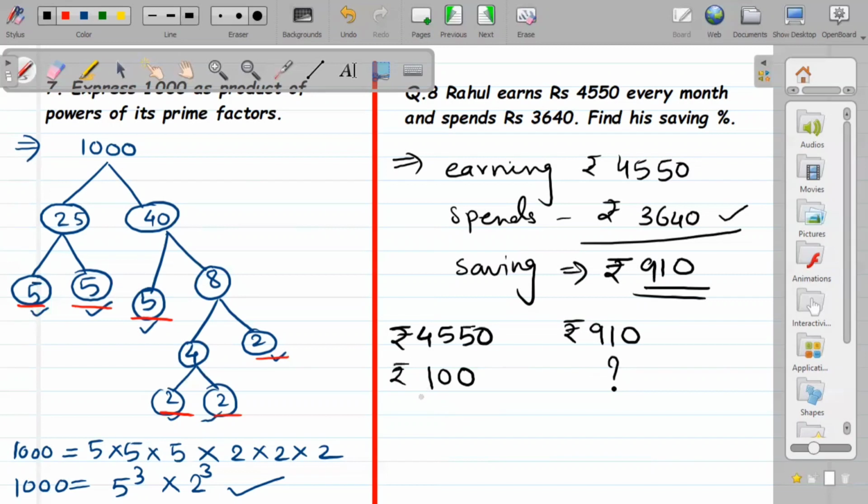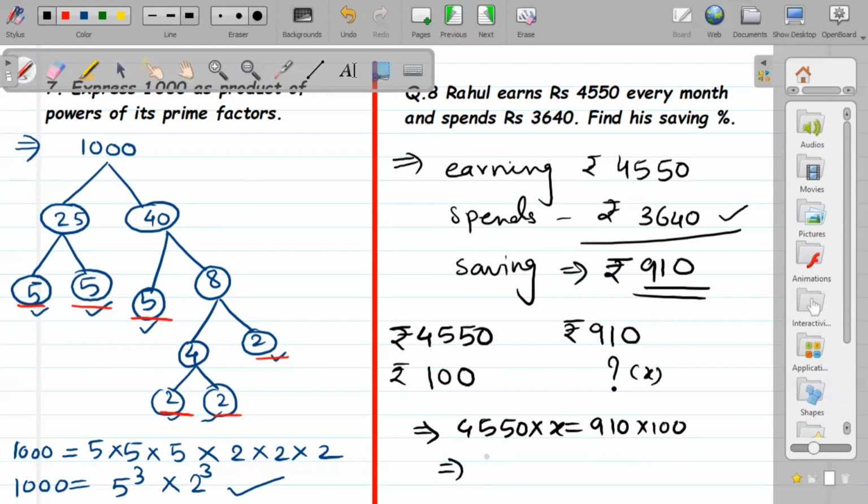So we can cross multiply, and this question mark I will replace with X. So 4550 multiplied by X is equal to 910 multiplied by 100.